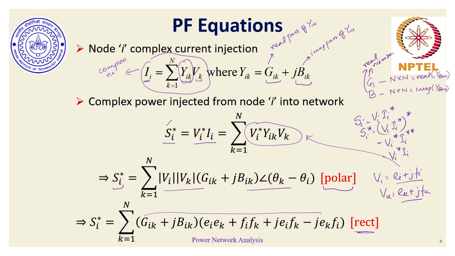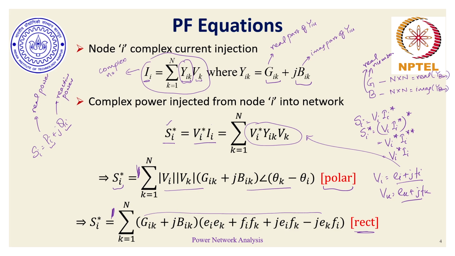Remember, Si is Pi plus jQi, where Pi is real power and Qi is reactive power. So we can take the real and imaginary parts of these summation terms and get Pi and Qi expressions, which we will see in the next few slides.